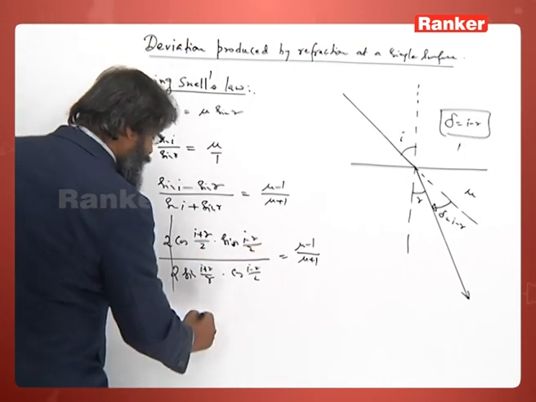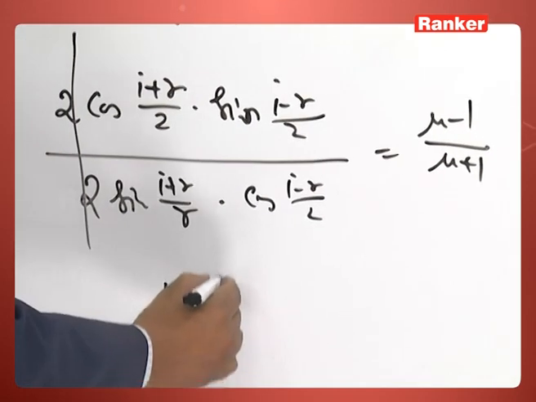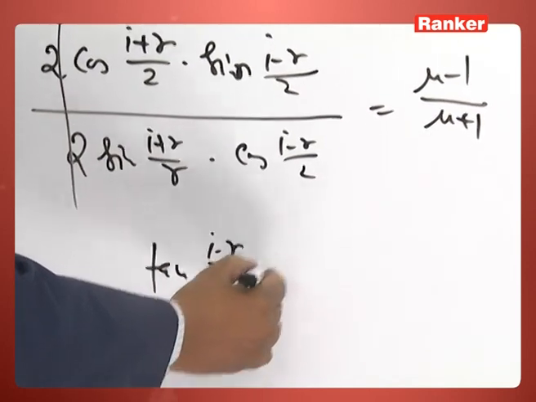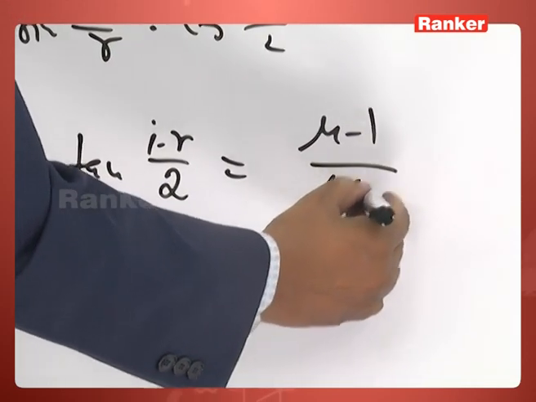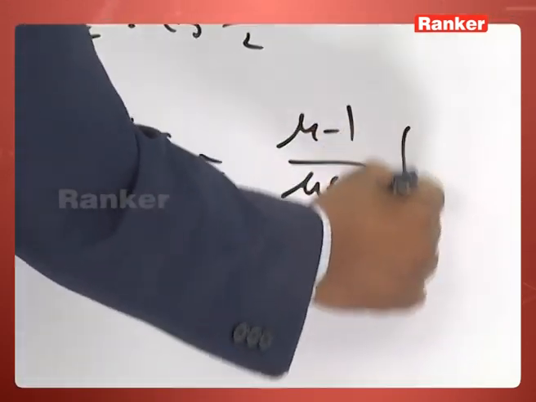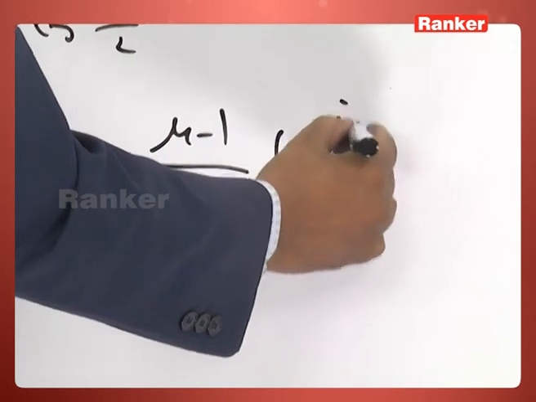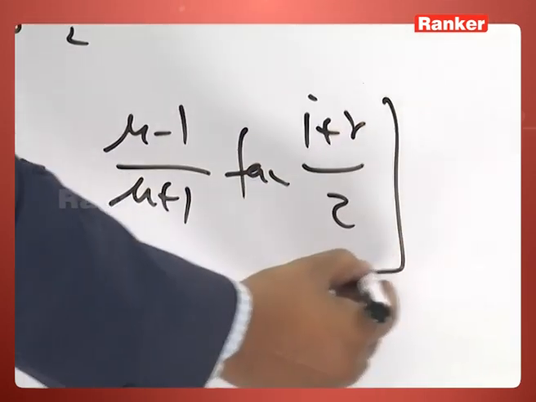This is tan (I minus R)/2 is equal to (mu minus 1) by (mu plus 1) tan (I plus R)/2.